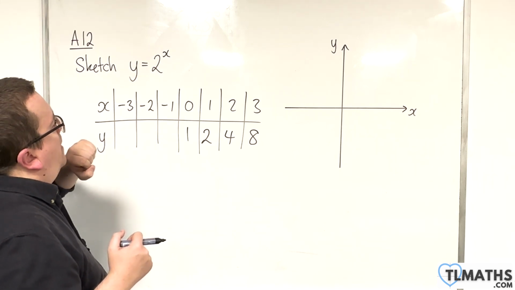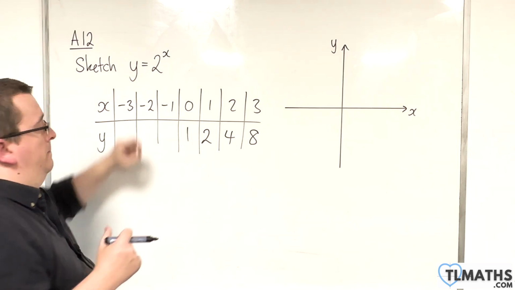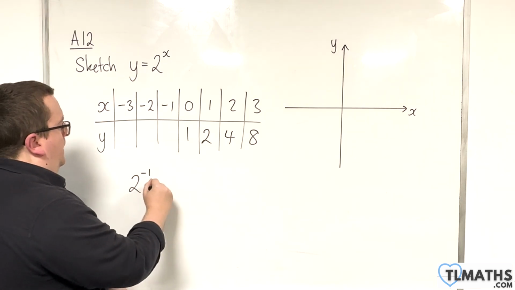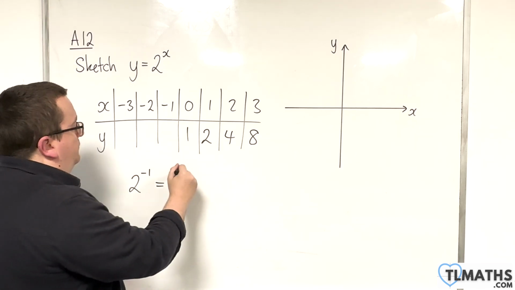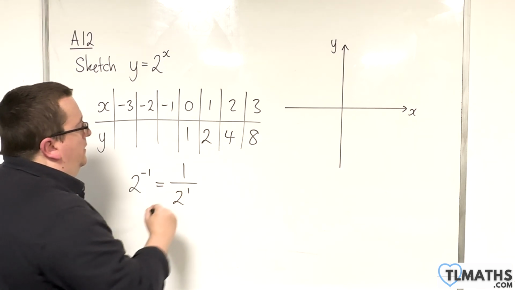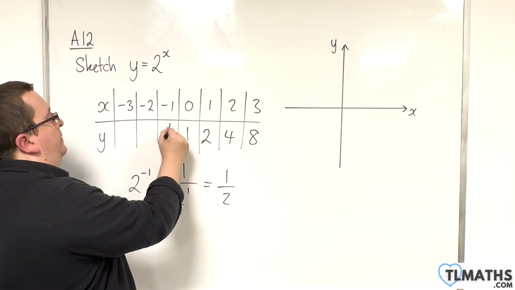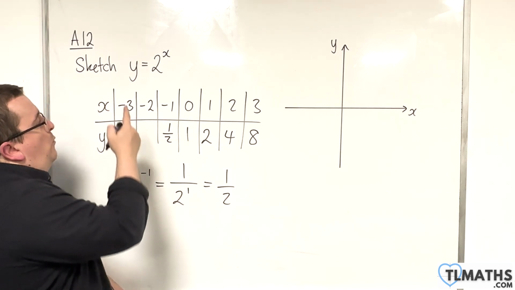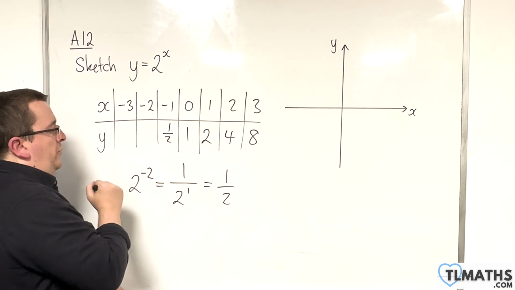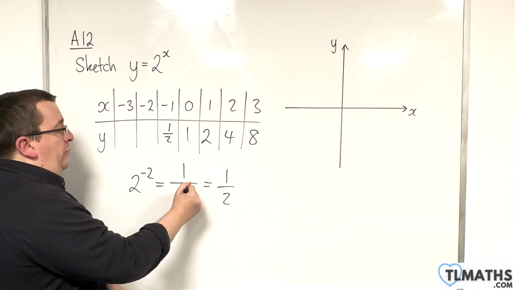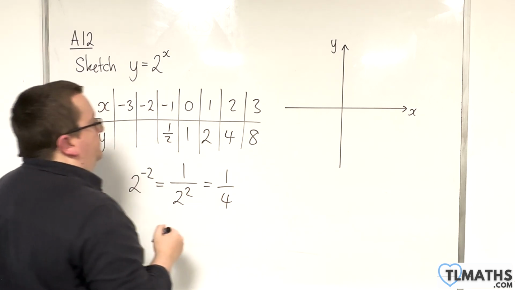When x is -1, we have 2 to the power of -1. Now the minus sign in the index means 1 over. So 1 over 2 to the 1 is just a half. Now when x is -2, 2 to the -2 is the same as 1 over 2 squared, which is 1/4.